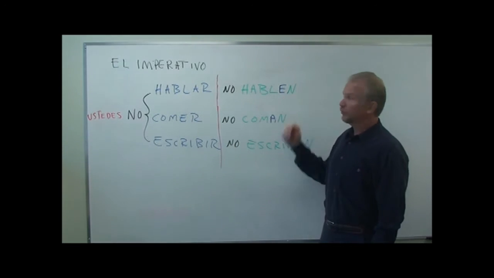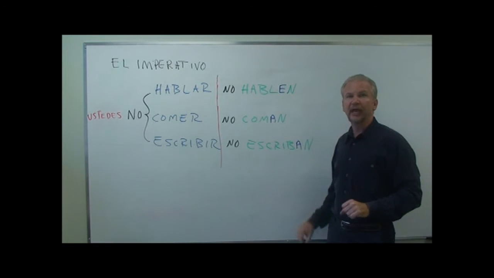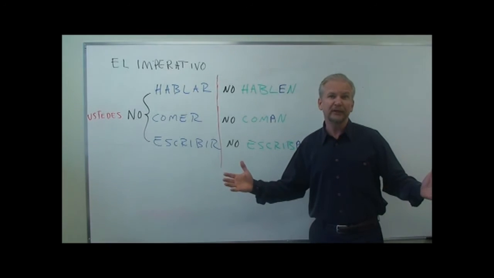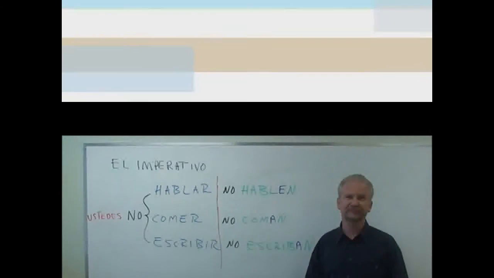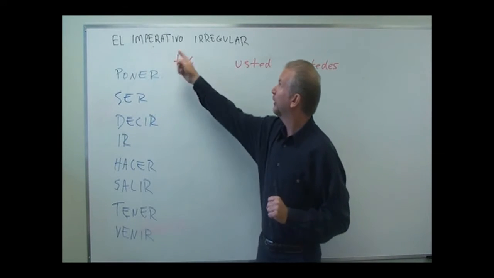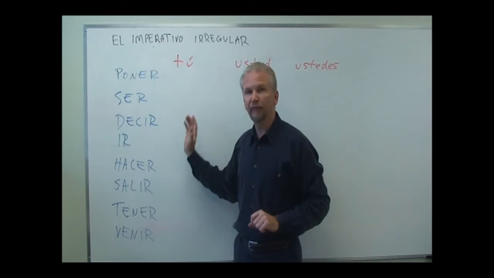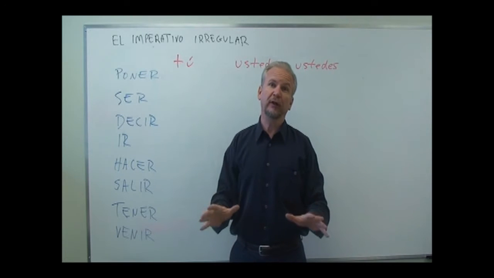The AR verbs, we take the A, we change it to an E. For the E and IR verbs, we take the E and we switch it for an A. Very simple. Now we're going to look at the irregular forms of the imperative, o el imperativo irregular. There are 8 common verbs that are conjugated a little differently.